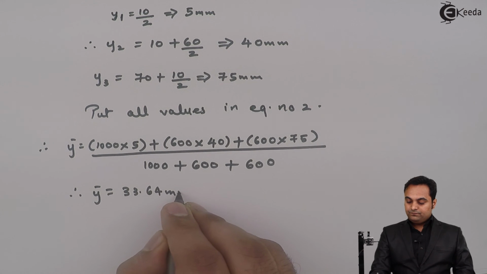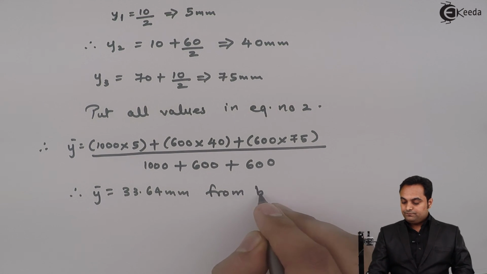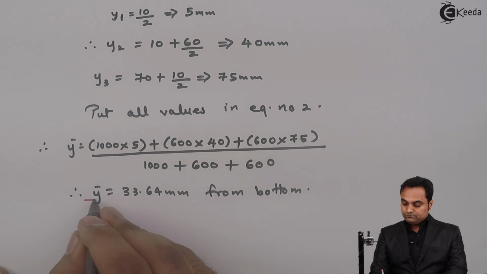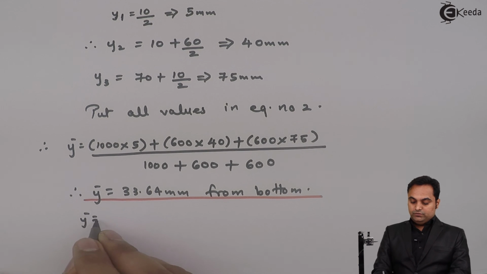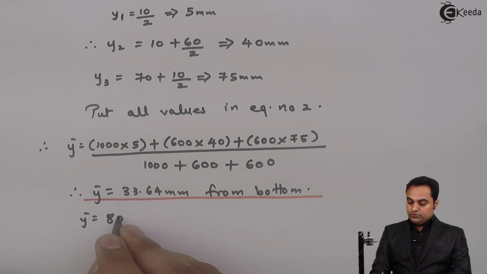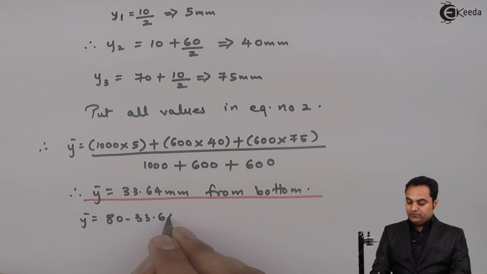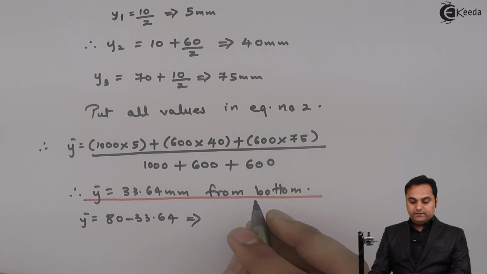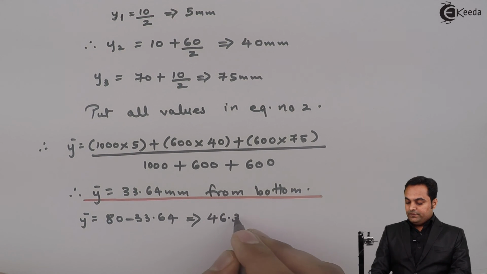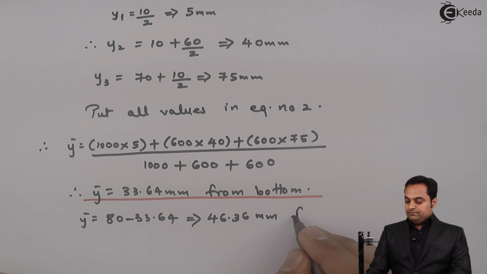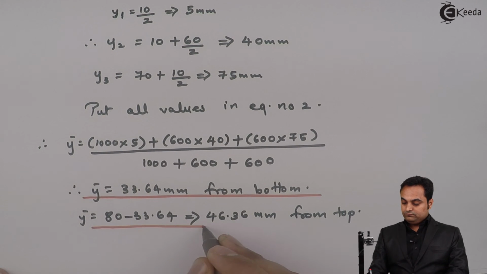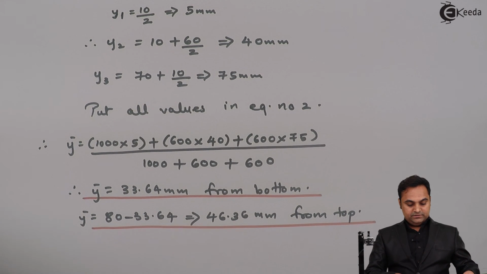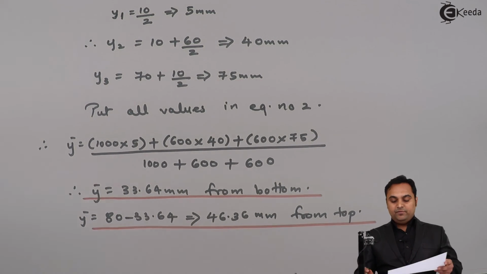mm from bottom, or y bar is equal to, since the total height is 80, so 80 minus 33.64, that means it is 46.36 mm from top. So after getting this, we can locate it onto the figure, that it is 33.64 mm from bottom.